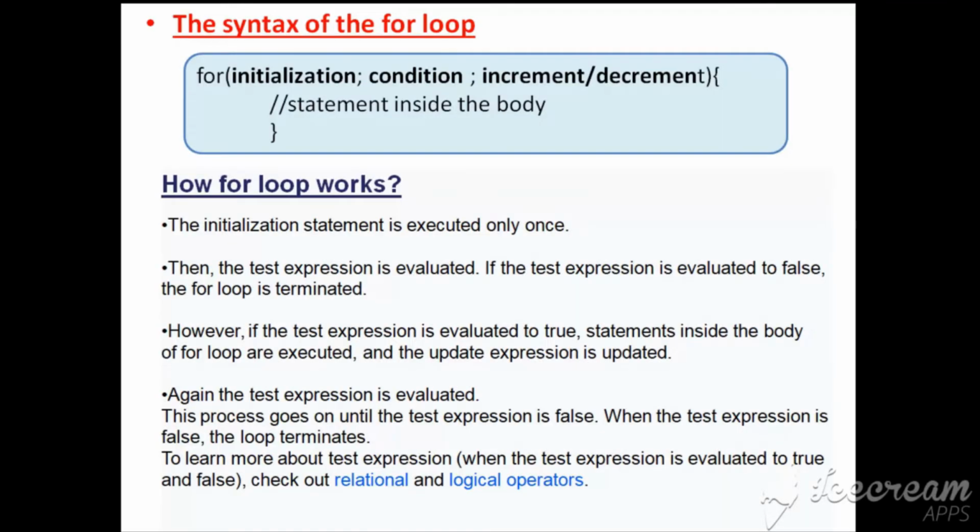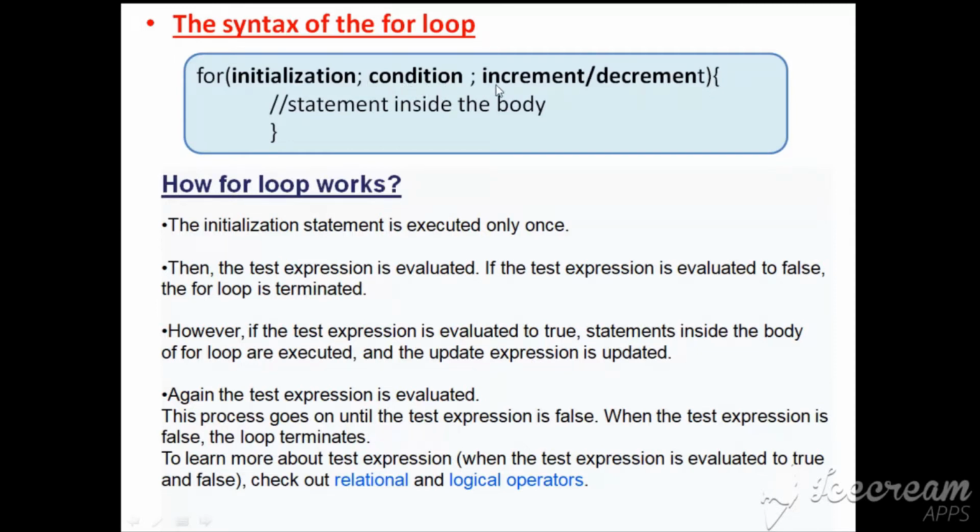So for the syntax of the for loop, we just write for and put a bracket, inside the bracket three different parts. Okay, this is very important. Three different parts. In the first part we initialize, next we put the condition, and in the last part we put the increment or decrement operator according to our needs.